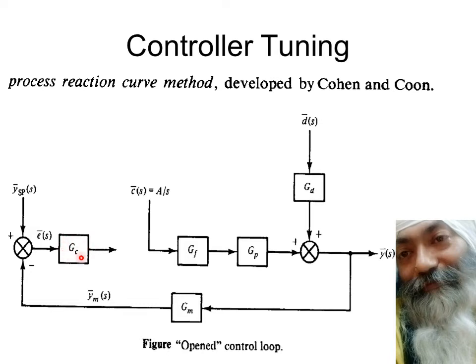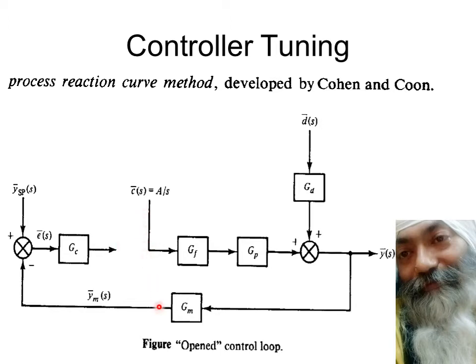But before it is properly tuned, this loop is opened. And since this loop is opened, this becomes one of the limitations of the Cohen and Coon method, that for some period of time this loop needs to be opened. In some very critical applications, you cannot afford to open the loop because you have to control it manually.